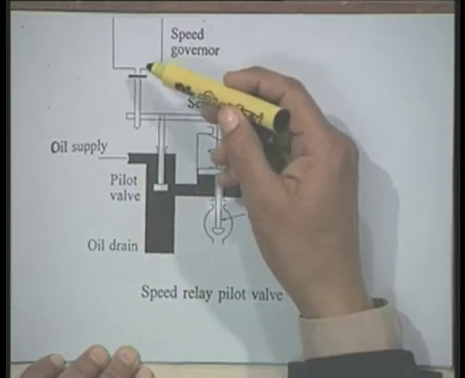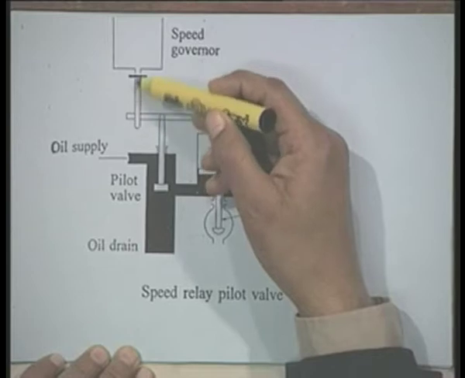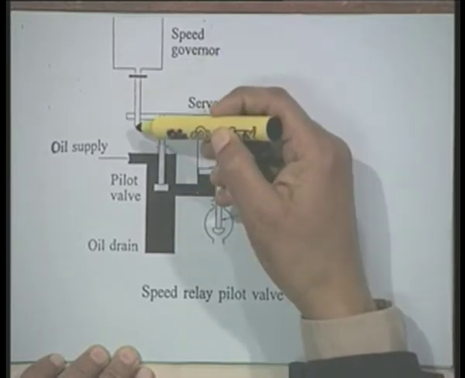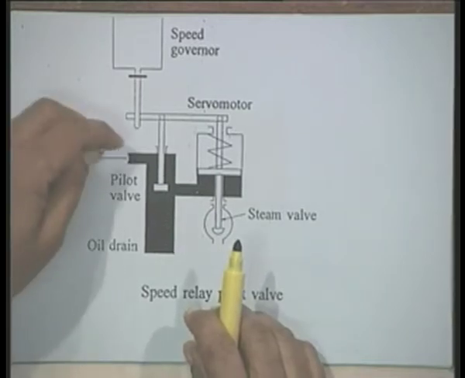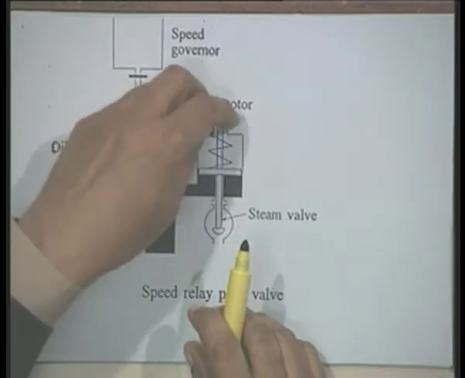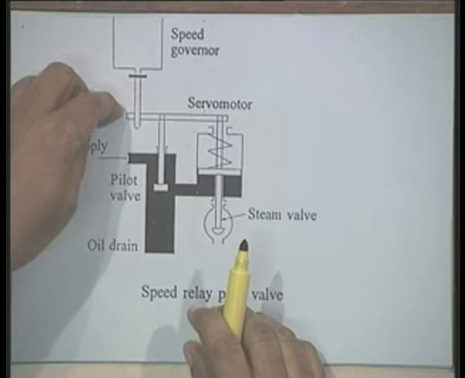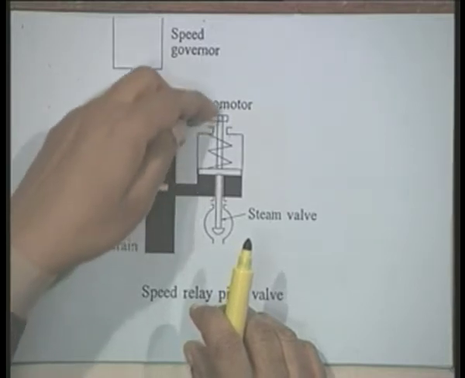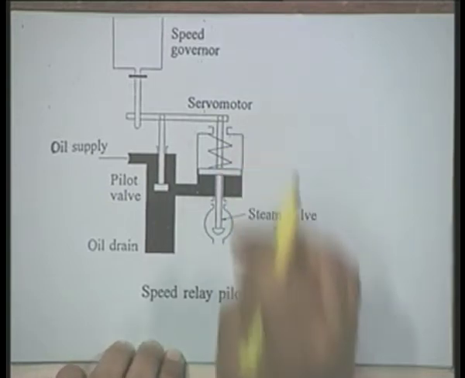Now, in this arrangement, I will just show you here. If you see this rod which is coming here, that represents the position of the speed governor. Now, this rod is attached to a lever like this, and this lever is attached to a pilot valve and a spring loaded servo motor.